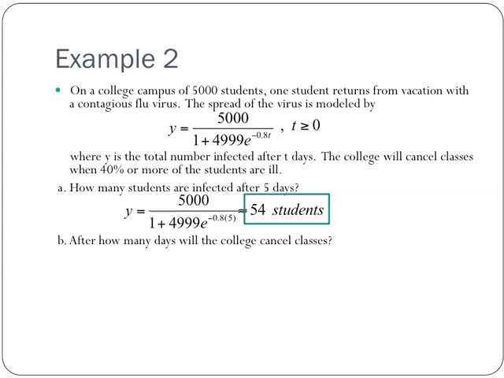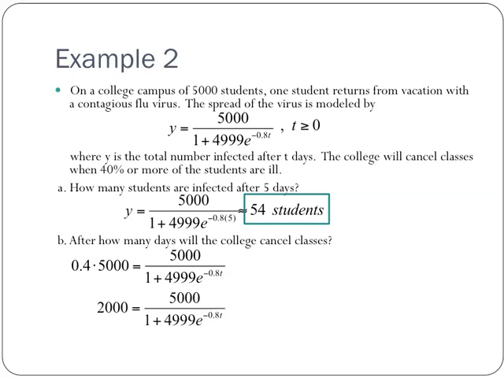That's 0.4 times 5,000 equals 5,000 over 1 plus 4999 e to the negative 0.8t. We need to solve for t, after how many days? So 0.4 times 5,000 is 2,000 students.